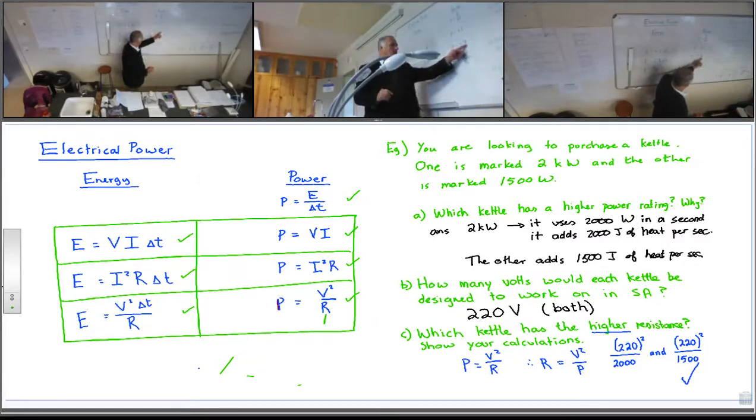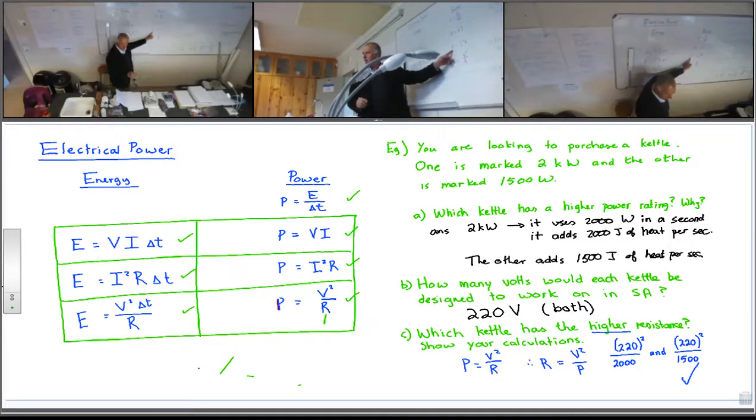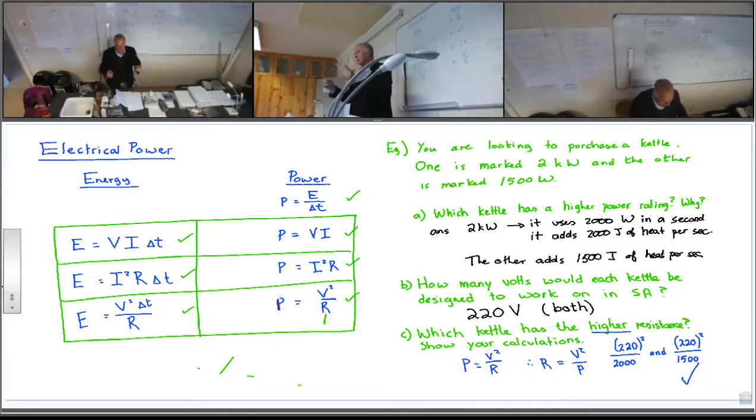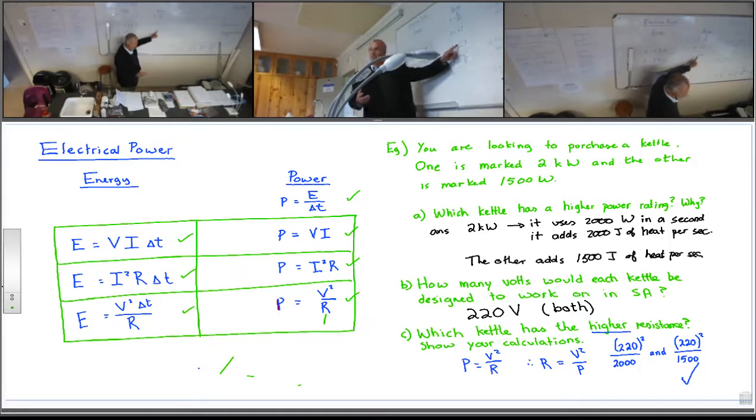If resistance is small, surely my power should be higher. When you've got a low resistance, tell me about the current that flows through it. It gets bigger. So if I halve the resistance, what happens to my current? It doubles.